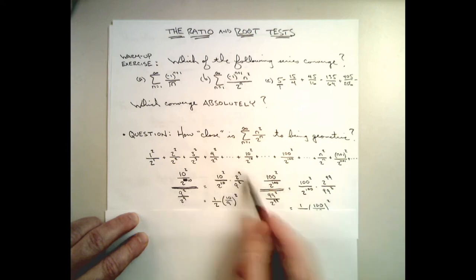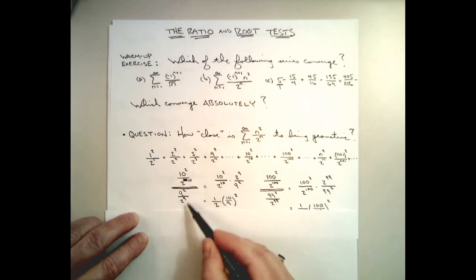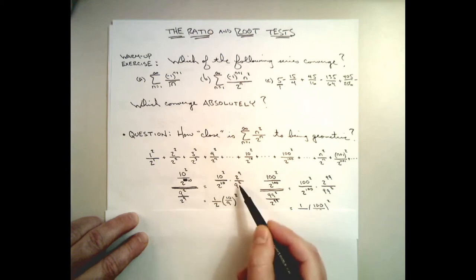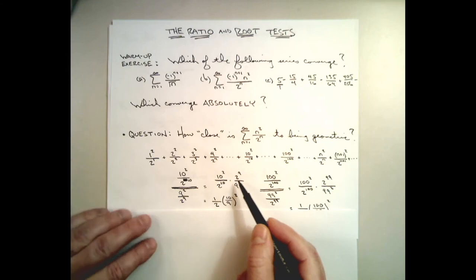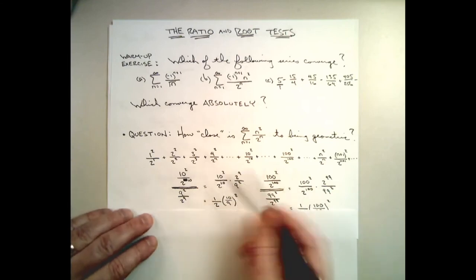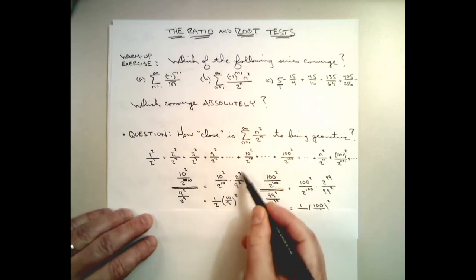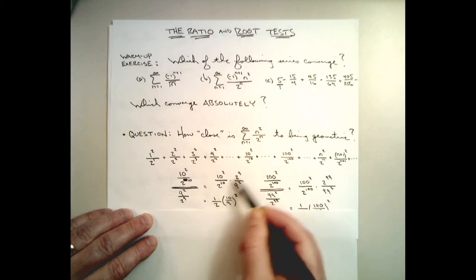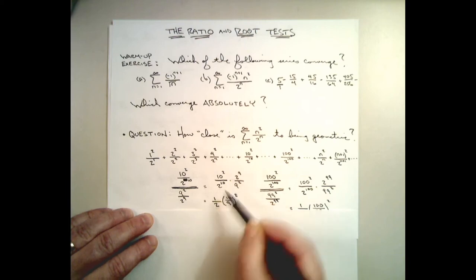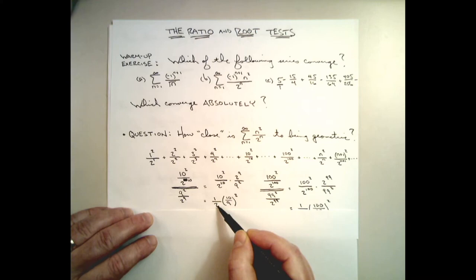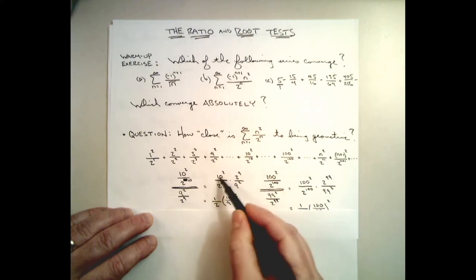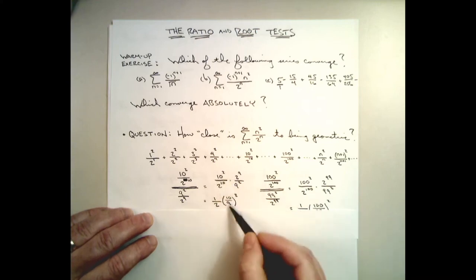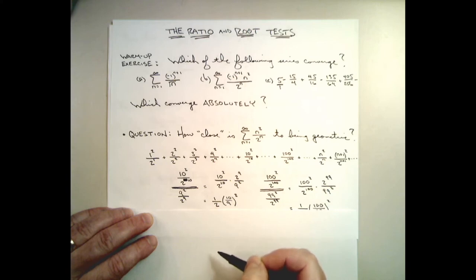Whenever I divide by a fraction, invert and multiply, I have a 2 to the 9th in my numerator here, a 2 to the 10th here. So all these 2's are going to go away with the exception of 1 left in the denominator. And then I can write 10 squared over 9 squared as 10/9 quantity squared, right?